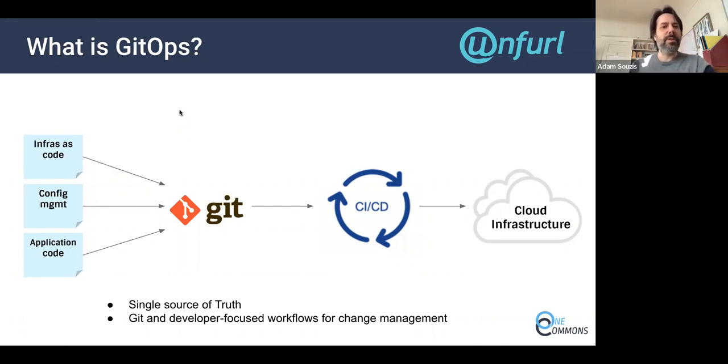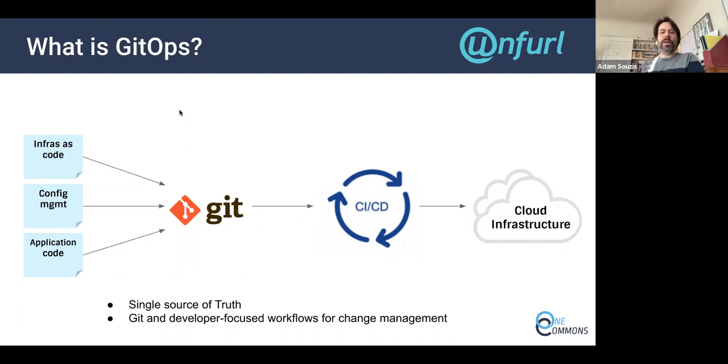So the concept of GitOps is to have DevOps processes where you're using Git as primarily the single source of truth. You check in your configuration code, your application code, and your infrastructure as code, like your Terraform modules. All of that can stay in Git. And by using Git, you can have developer-friendly workflows for doing change management.